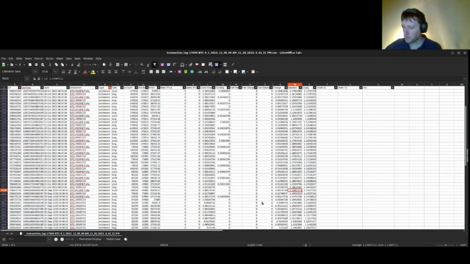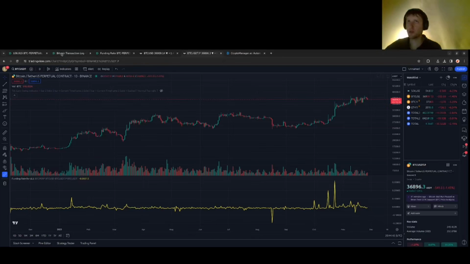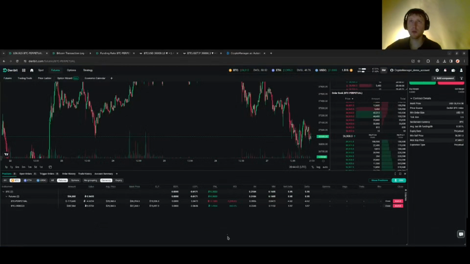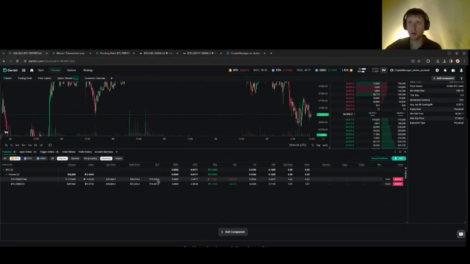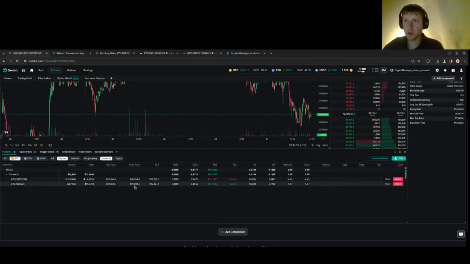So yeah, showed you the profits, I showed you the positions, the trades. Yeah, I can show you current premiums as well. So now, as you can see, the average market price here is 36,900, and the December futures are still at $320 premium.